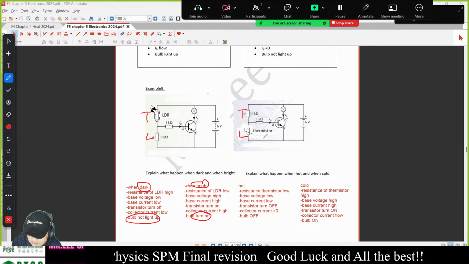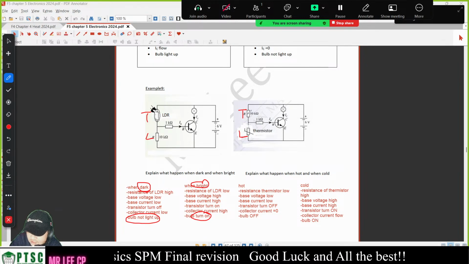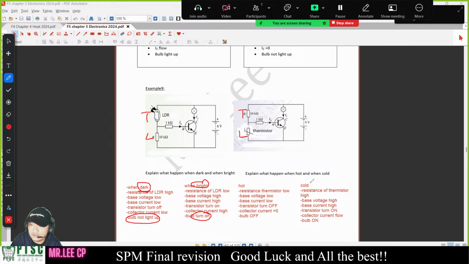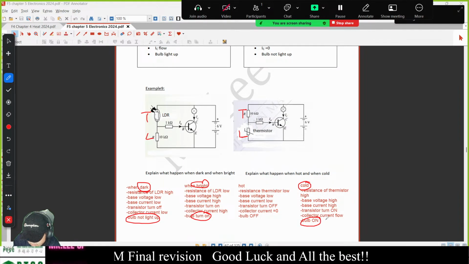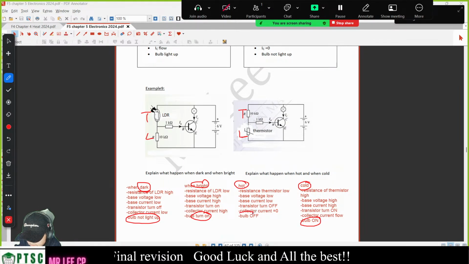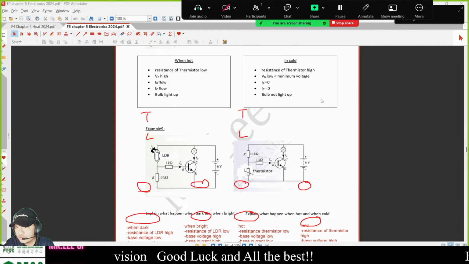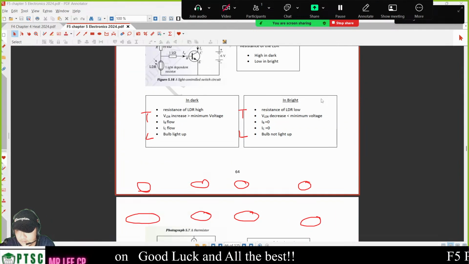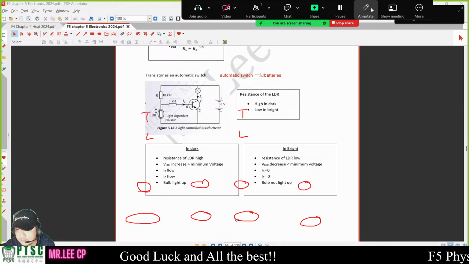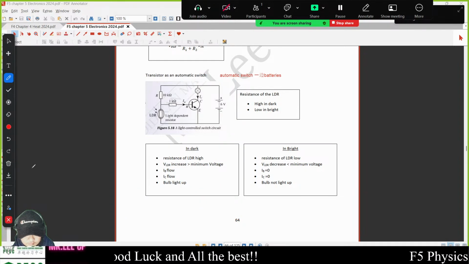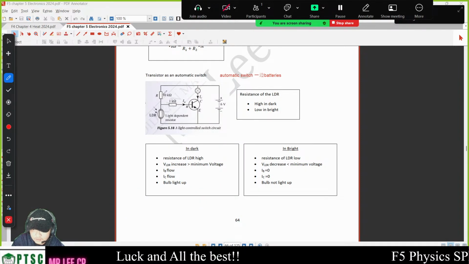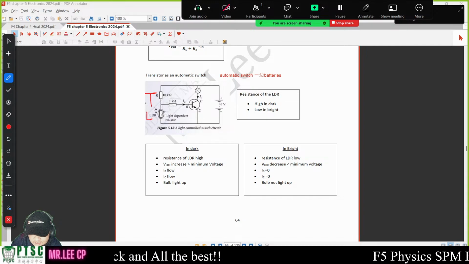I try one more time. Thermistor here, hot on. You put it here, cold on. Cold, then on. Hot will not on. Try one more time. How about this one? LDR, okay, dark on.